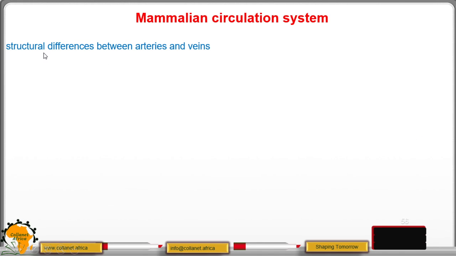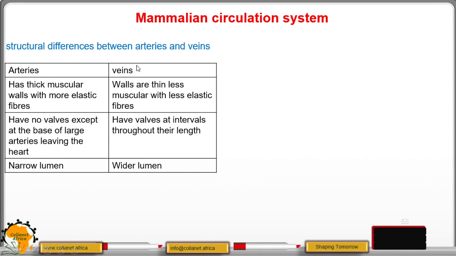Let us look at the structural differences between the artery and the vein. Arteries have thick muscular walls with more elastic fibers. On the other hand, the walls of veins are thin, less muscular, and have fewer elastic fibers.